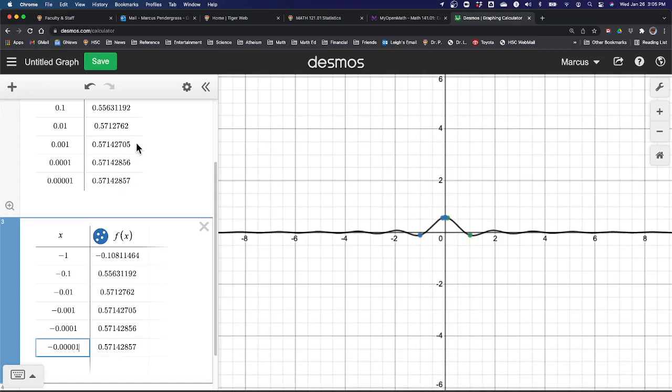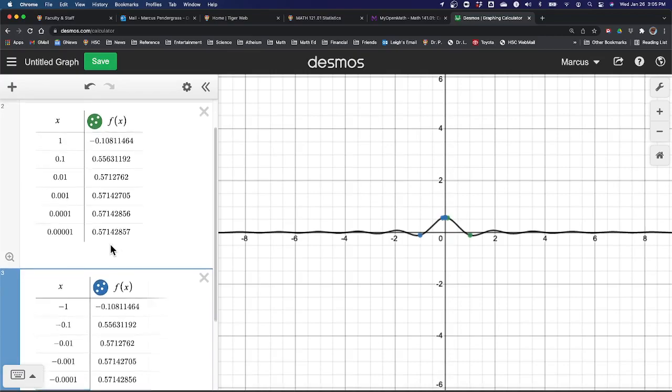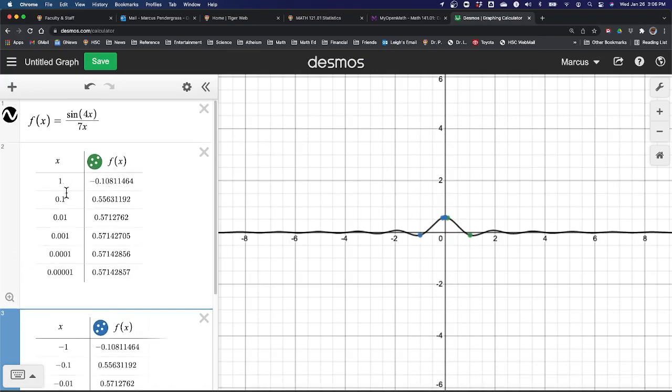Same things approaching from the right, that would be this table up here. We're looking at a limit that looks like it's about 0.5714 to 4 places of accuracy. So from the first table we made, we basically could conclude that the right-hand limit is 0.5714, right?